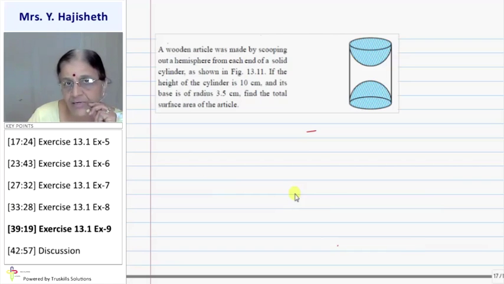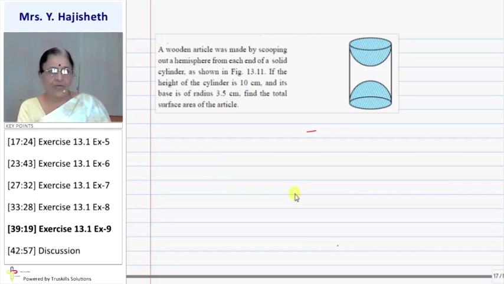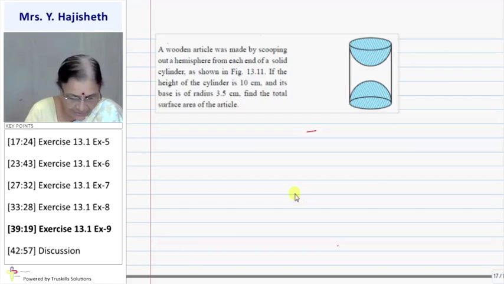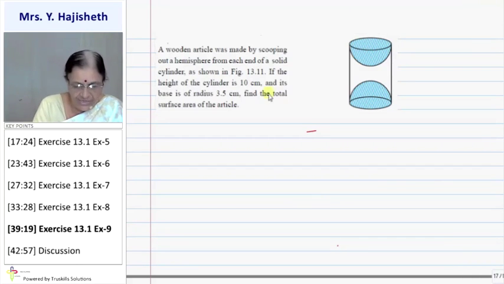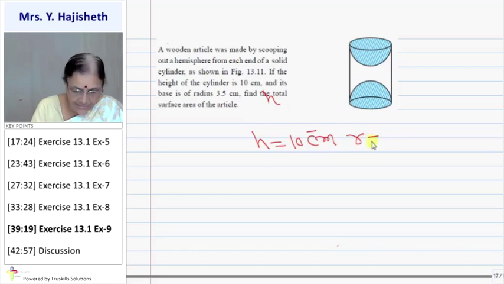If the height of cylinder is 10 centimeter and the base is having radius 3.5 centimeter, find the total surface area of the article. Here you can say H is 10 centimeter, okay? R is 3.5 centimeter.